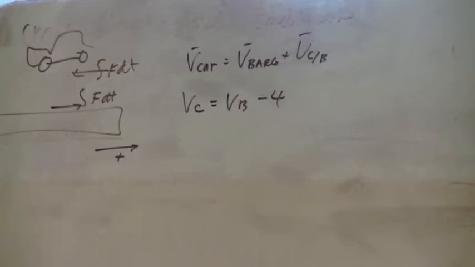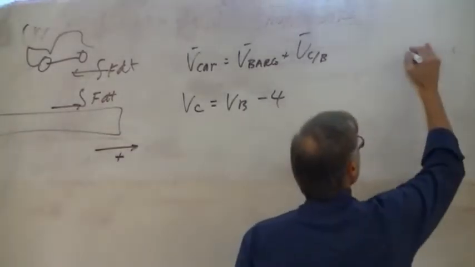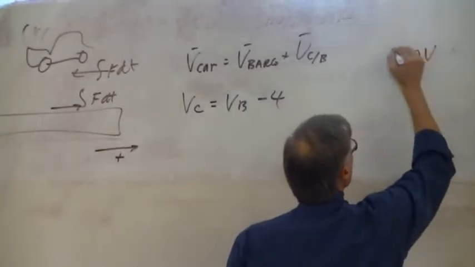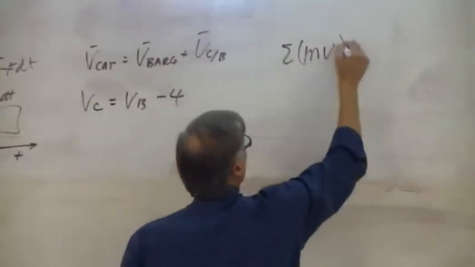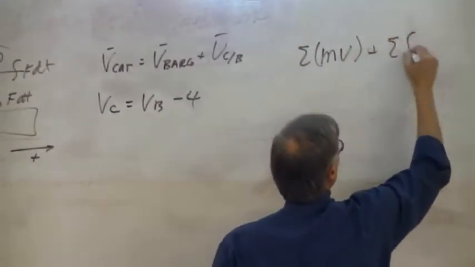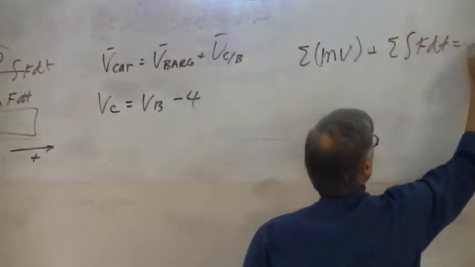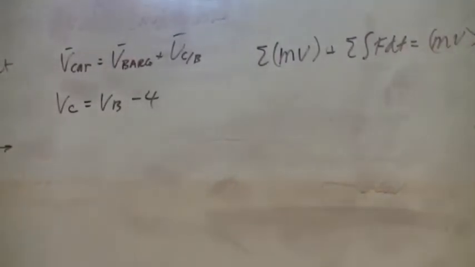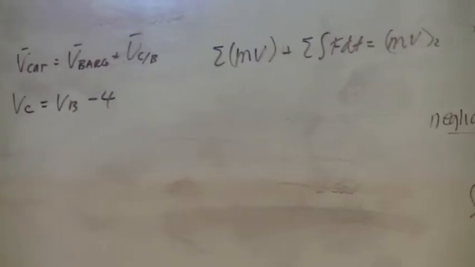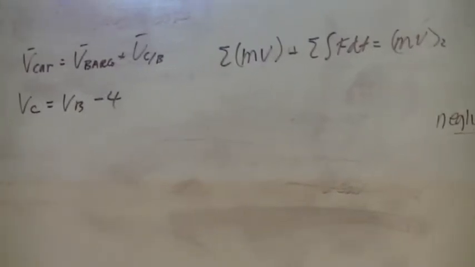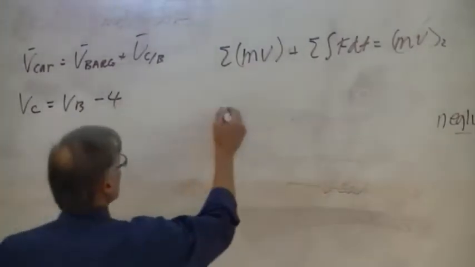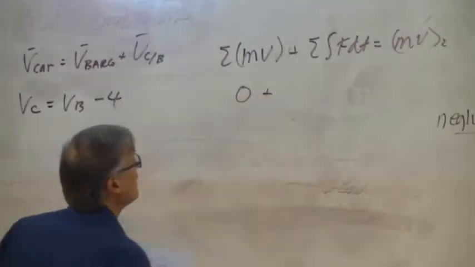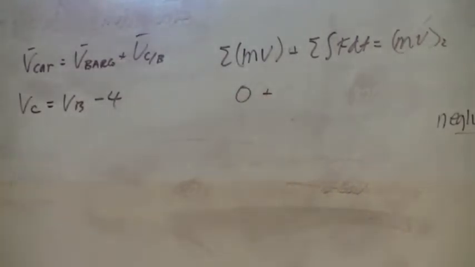All right, now let's use momentum. We'll use the momentum of our system plus the sum of the integrals of F dt equals mv2 of our system. Well, it starts from rest at the beginning of the problem, so both particles are at rest, so we're going to start with 0. Now, what did I say about internal forces? If these forces act equal and opposite on each other, they cancel out.